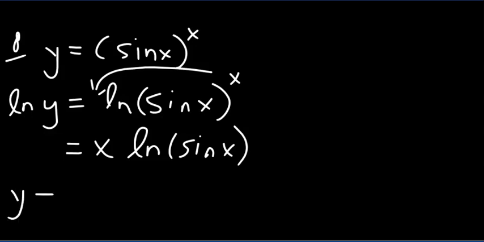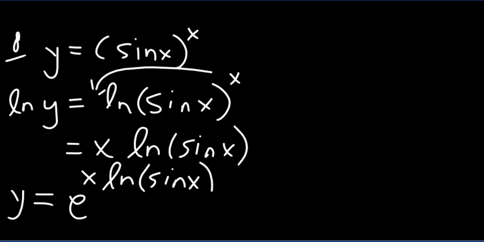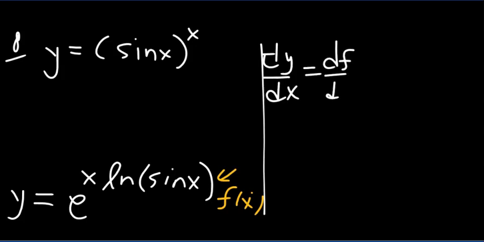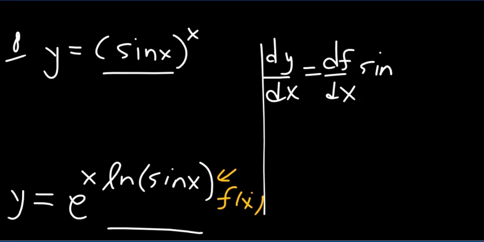What that means is y is e^(x ln sin x). So this and this are equivalent forms. Note this power is just f(x), it's a function of x. So dy/dx is df/dx times this original function, which is just that: sin x raised to the power x.